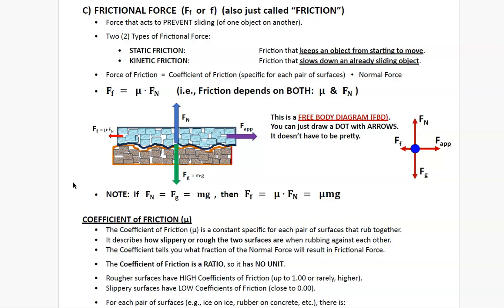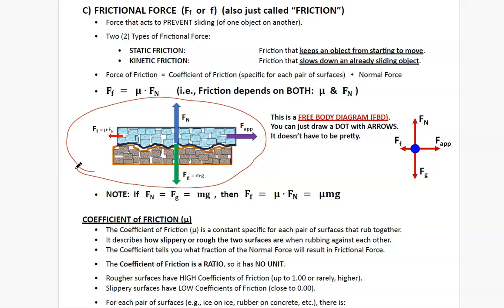And these frictions, they're different types, but they basically result from the objects on a microscopic scale. If you look at them, you've got one surface sitting on another. And no matter how smooth an object appears to be, and no matter how smooth the bottom object that it's sliding on appears to be, if you have a good enough microscope, eventually you'll see little bumps and ridges in the surfaces.